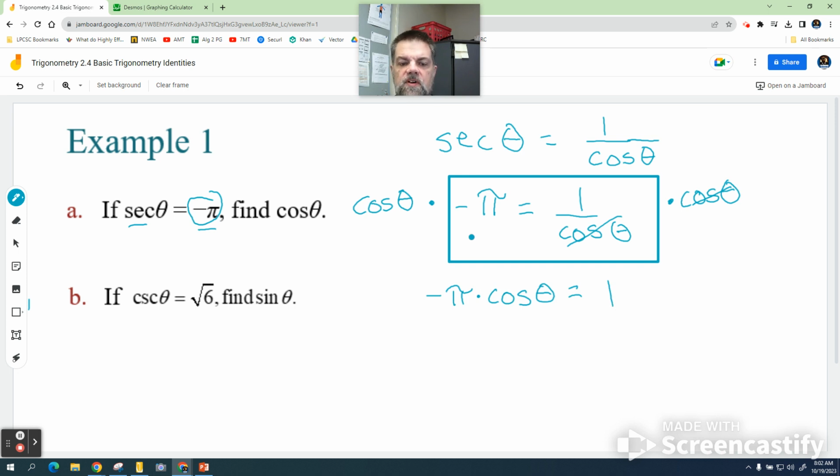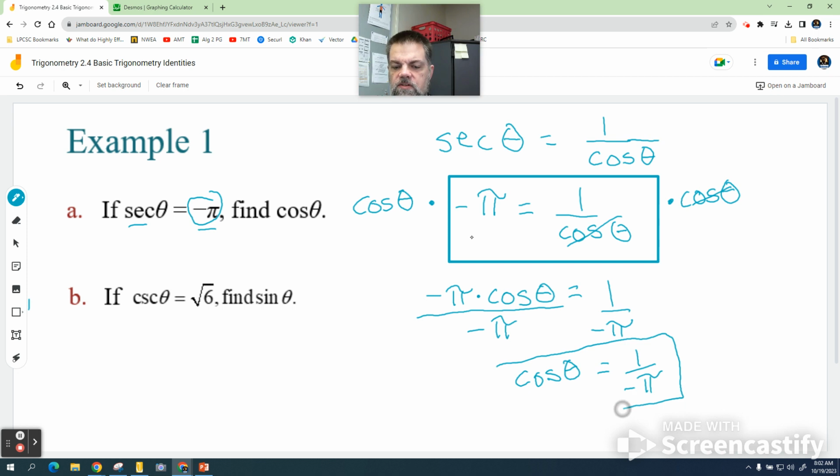Now I'm solving for cosine, so I just need to divide both sides by negative pi. So then I get cosine of theta is equal to 1 over pi. Now I've kind of taken the long route to show you that that's the answer.